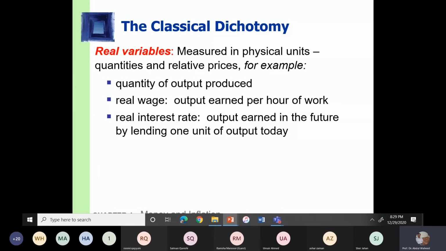That's why in the classical model, real variables matter, real output matters. If nominal output increases, we don't know, maybe that increase in nominal GDP is because of an increase in prices. The same is true of the real interest rate. We are interested in getting a positive real interest rate, because maybe the nominal interest rate is 10%, but the inflation rate is 12%. Then it means the real interest rate is -2%. So our return is negative.